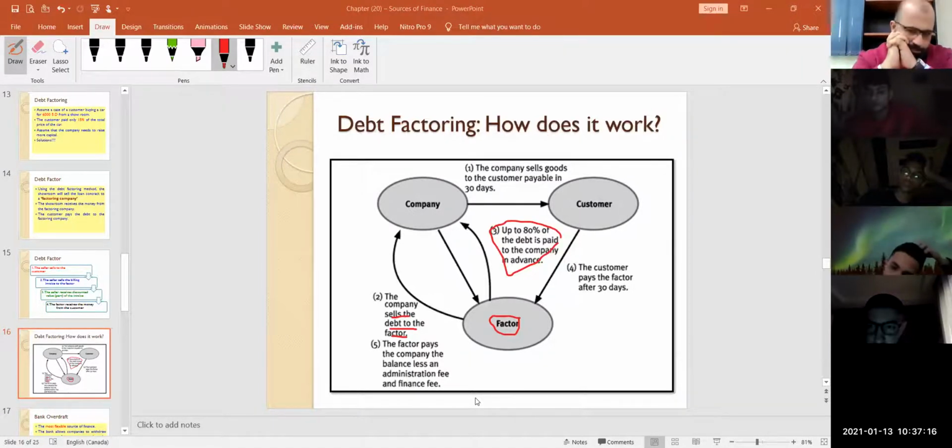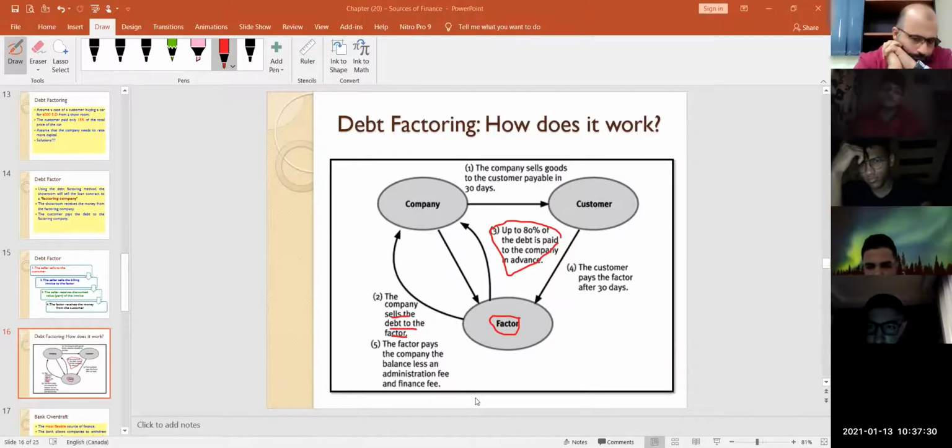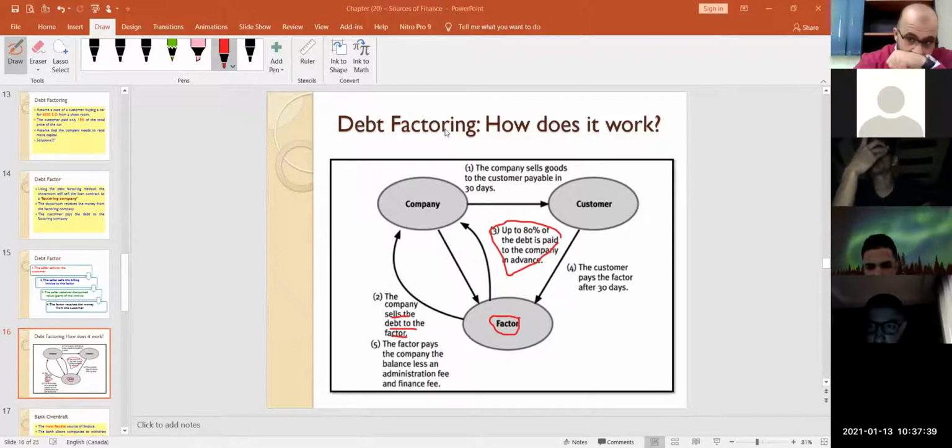What would be the cost? Let's examine this picture. What is the cost of this method of financing? There must be a cost. It's an external source of finance. We have to pay the cost.